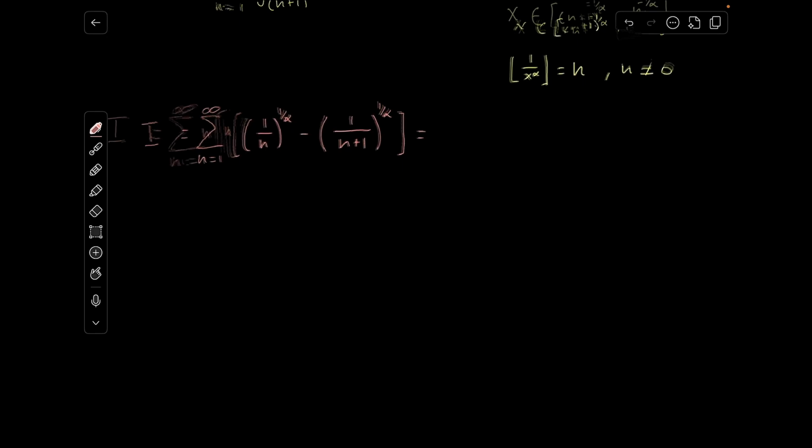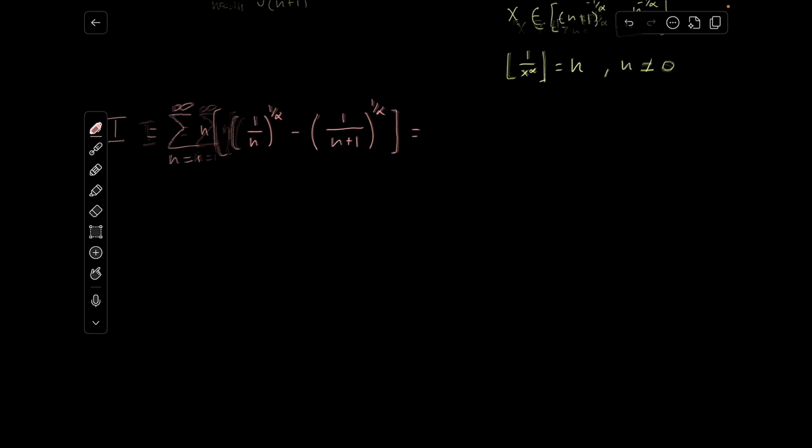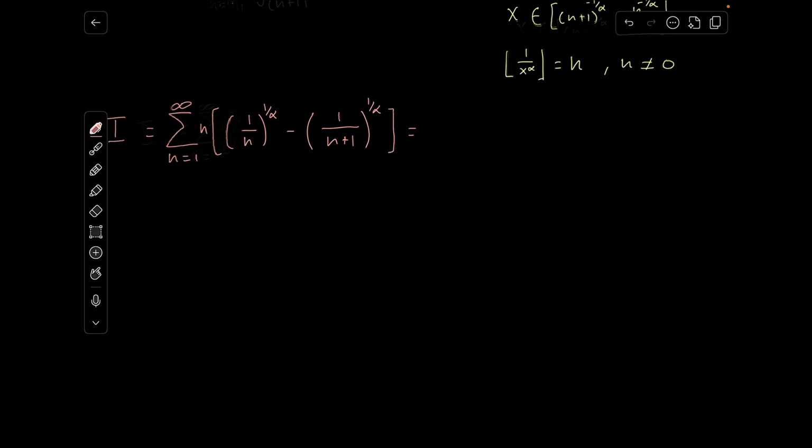So if we plug in 1, we get 1 times 1 over 1 to the 1 over alpha, minus 1 over 2 times 1.